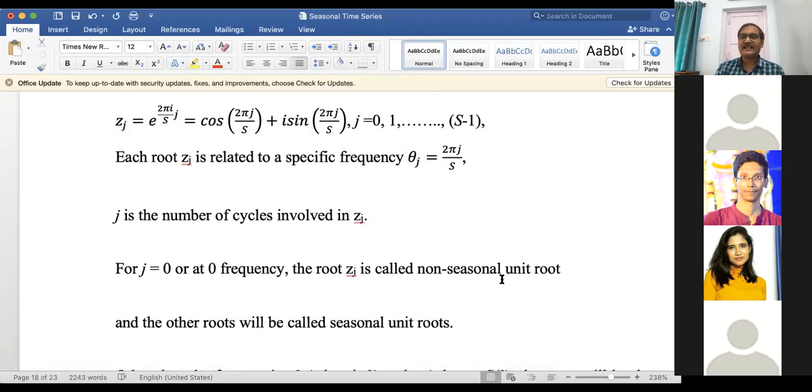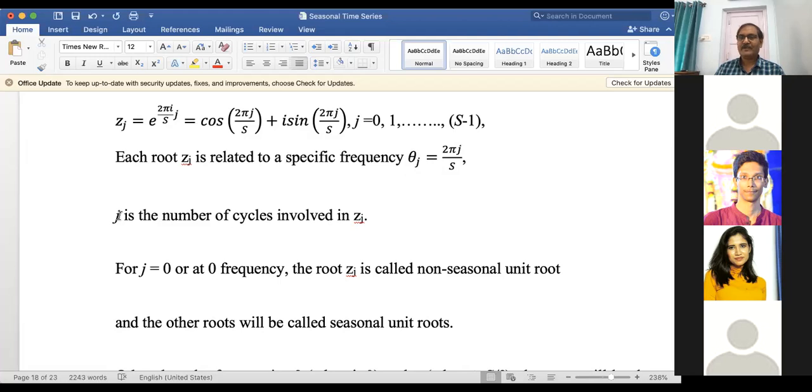Why non-seasonal unit root? How do you get the value of Zj equal to 1? By setting j equal to 0, or by setting theta j equal to 0. 0 frequency, 0 cycle. So there is no cyclical variation within a year. So if there is no cyclical variation within a year, there is no question of seasonality at j equal to 0.